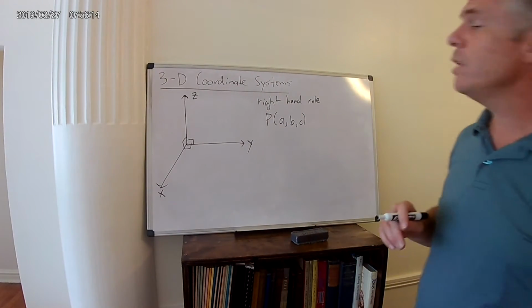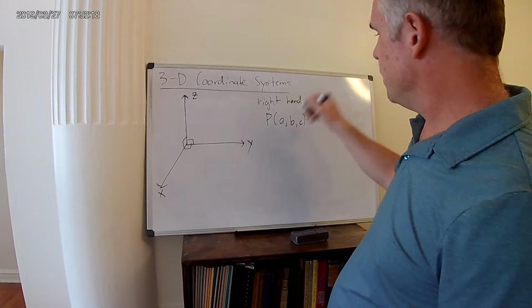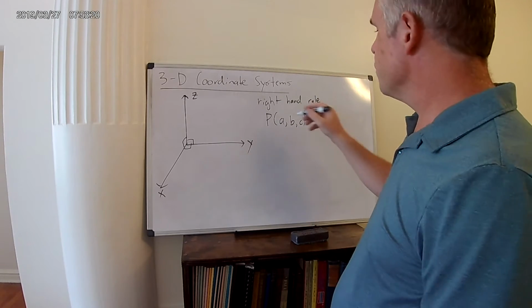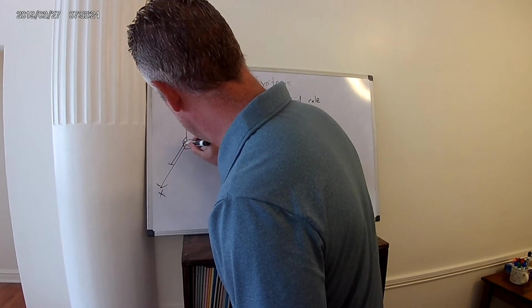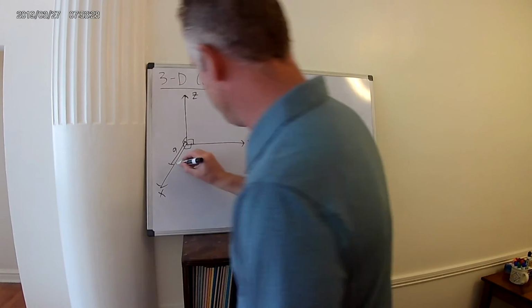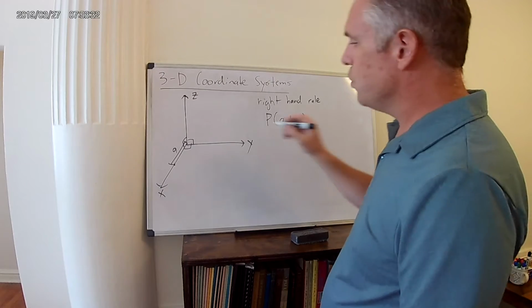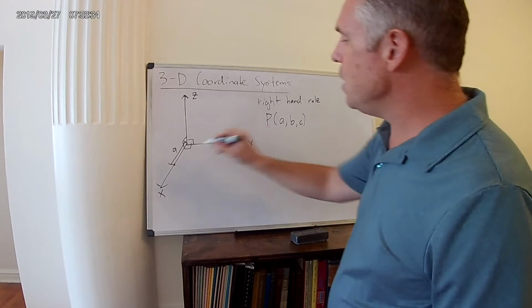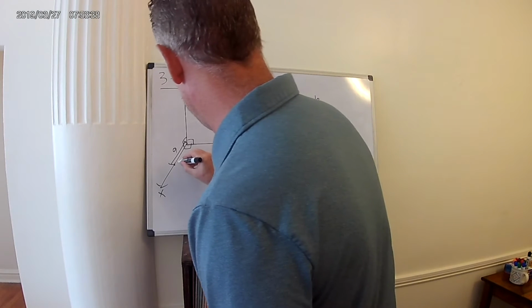Well, that's actually really simple. What we do, the x coordinate is always given first, next y, and finally z. So what we do is we go down a units down the x-axis, so we come to this point, okay? And then starting from this point, we go b units in a direction parallel to the y-axis in the xy plane.